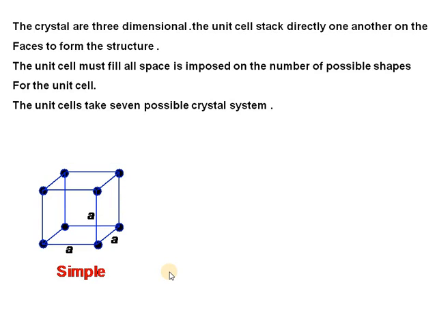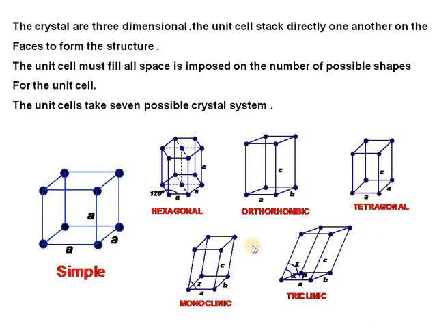Other systems are the hexagonal packed system, orthorhombic packed system, tetragonal, triclinic and monoclinic. The remaining one of these crystals is the trigonal system. These are the types of crystal lattice possible in the unit cell in crystal systems.